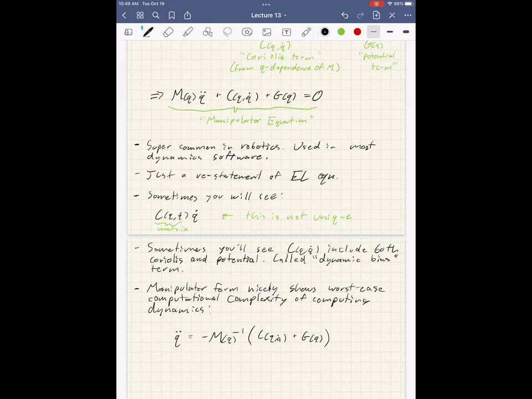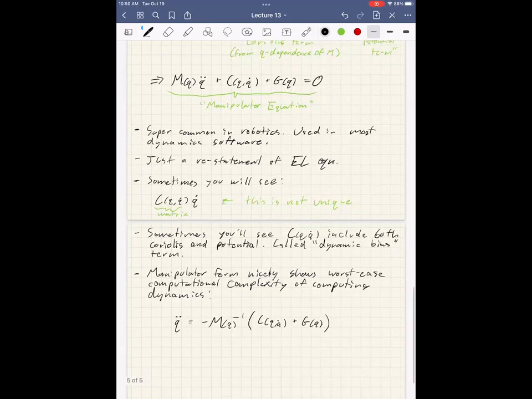So I'm solving an n by n linear system. What's the complexity of solving an n by n linear system? Cubic, right? It goes like n cubed. So the complexity of solving for q double dot here, and ultimately the complexity of doing dynamics, is cubic in the state dimension. That makes sense to everybody?